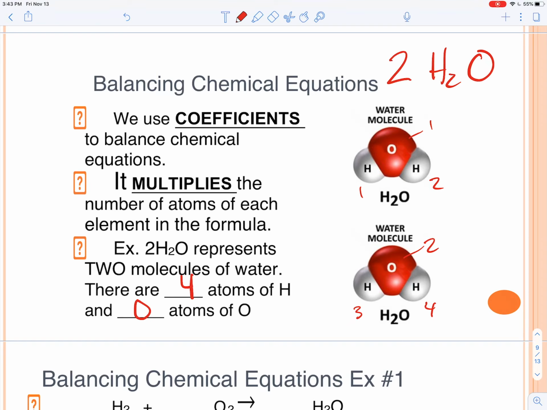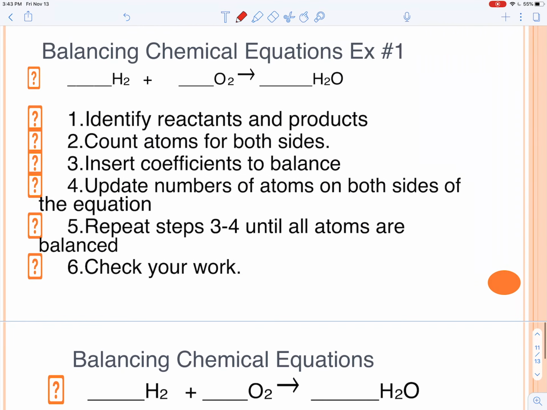Okay, so this is going to be important for balancing equations. You need to be able to count all your atoms correctly. So again, that 2 gets distributed to both of these numbers, and we end up with 4 hydrogens, my bad, and 2 atoms of oxygen.